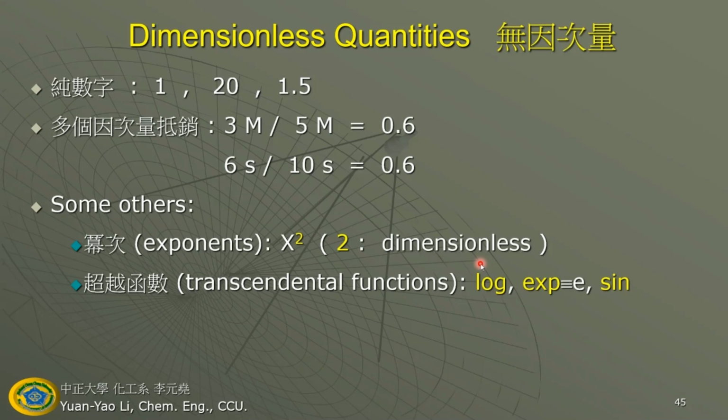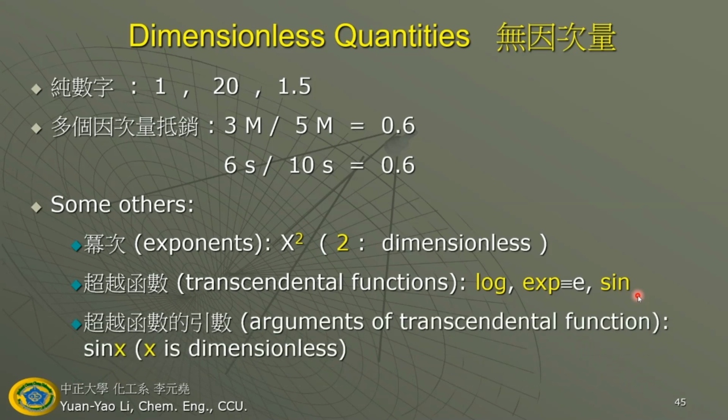And also the transcendental function. Transcendental functions, like log, exponent, and sine, cosine, are dimensionless quantities. I want you to remember this. And also the arguments of the transcendental function. For example, sine is a dimensionless quantity, right?